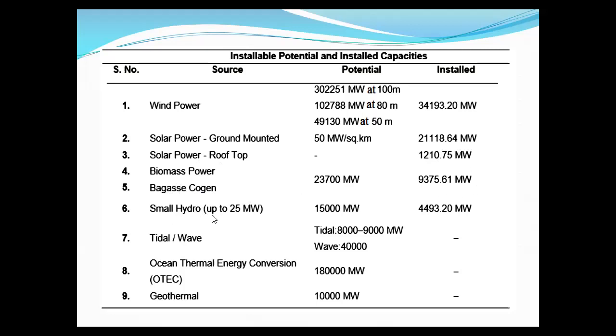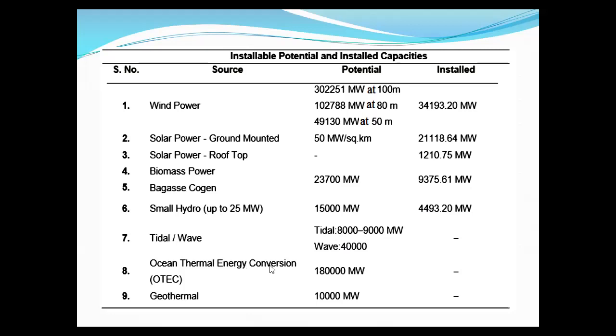Then we have small hydro up to 25 megawatt having potential 15,000 megawatt, and the installed is 4,493.2 megawatt. Then tidal and wave as renewable energy sources. Tidal having potential 8,000 to 9,000 megawatt, and wave 40,000 megawatt.